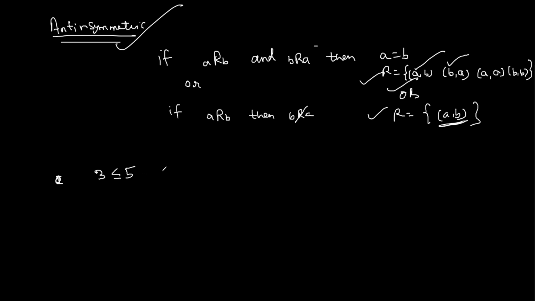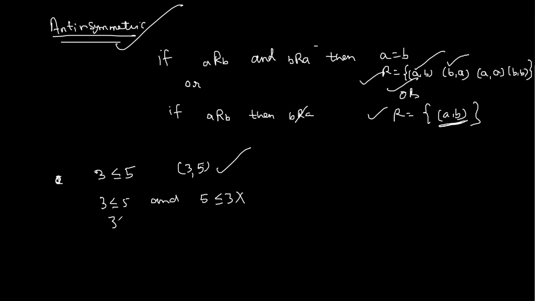This is not true. See, only 3 comma 5 is there. This is antisymmetric. But if 3 comma 5 and 5 comma 3, can you say that? This is false, right?